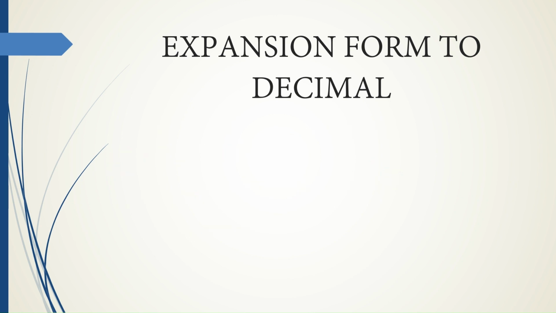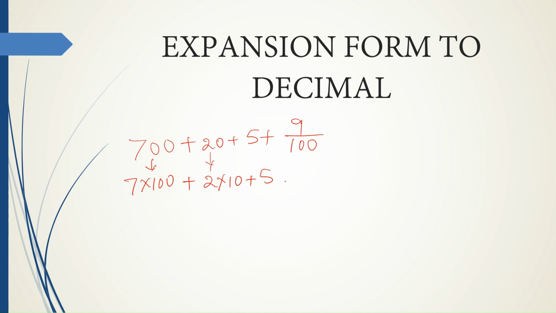We practice with one more example. Take 700 plus 20 plus 5 plus 9 upon 100. Now this is 7 into 100, that is, it starts from hundreds place. Then we have 2 into 10, then we have 5 into 1. There is nothing in tenths place, means 0 into 1 upon 10, plus 9 into 1 upon 100.